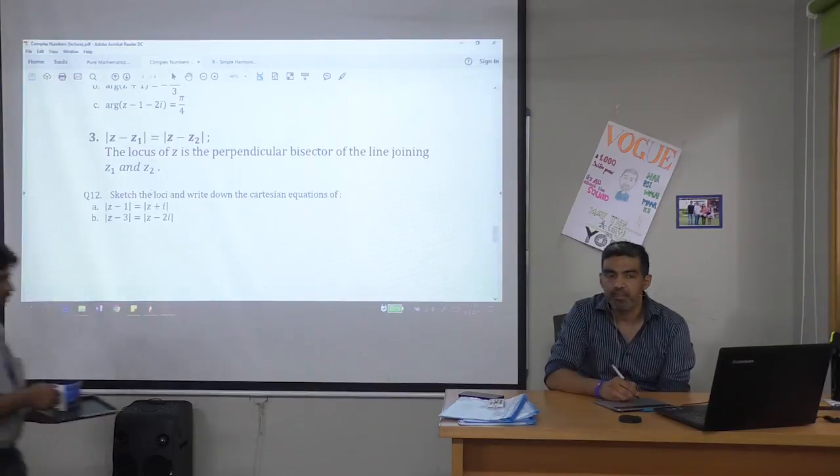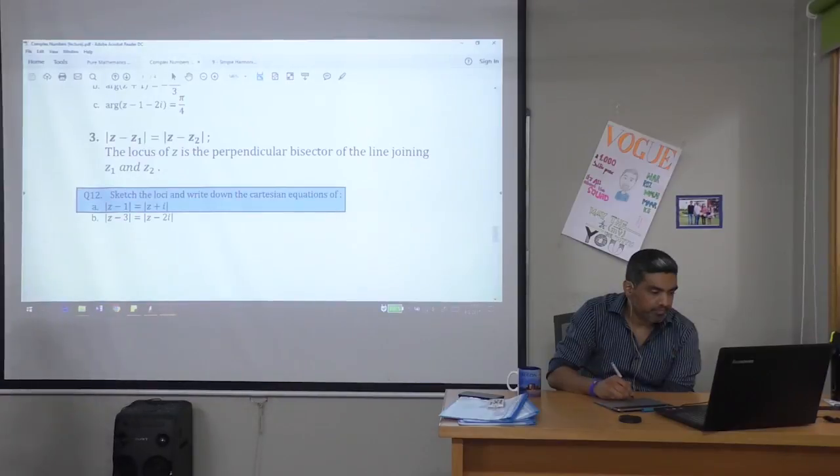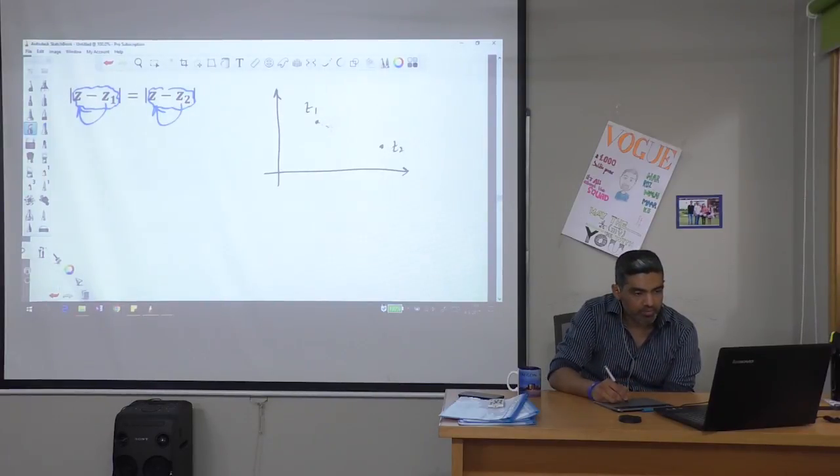As simple as that. So let's try this out. In general it would be something like this. Let's say Z1 is here and Z2 is here. First you connect Z1 and Z2, and then the perpendicular bisector of this line connecting Z1 and Z2 would be your locus.